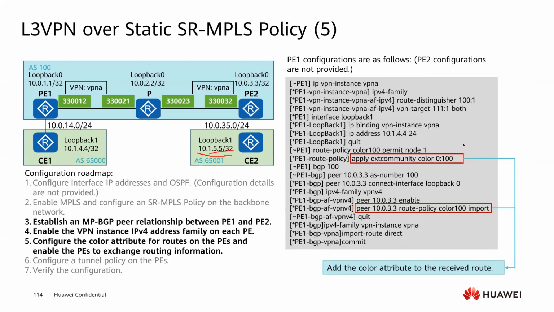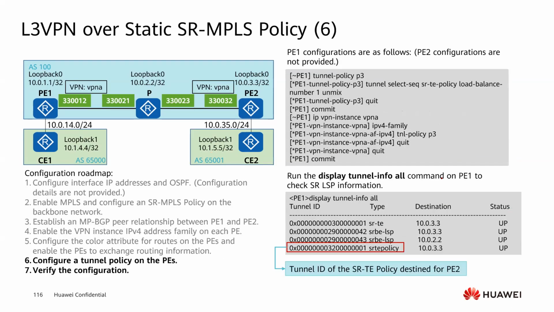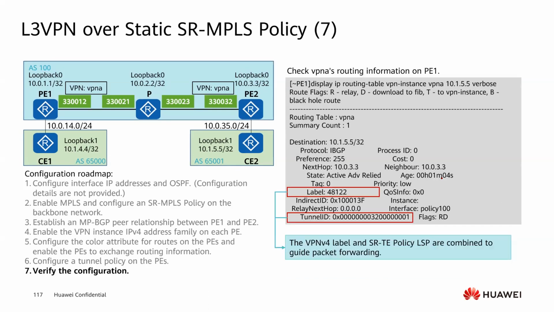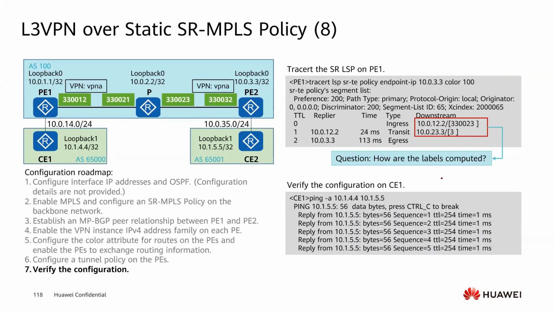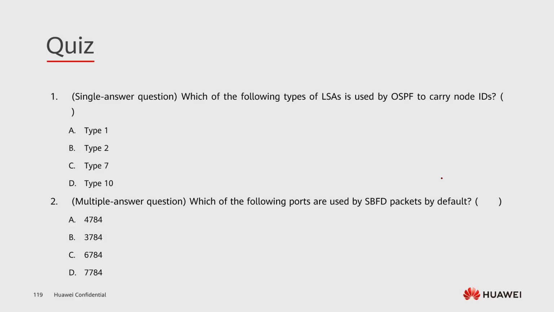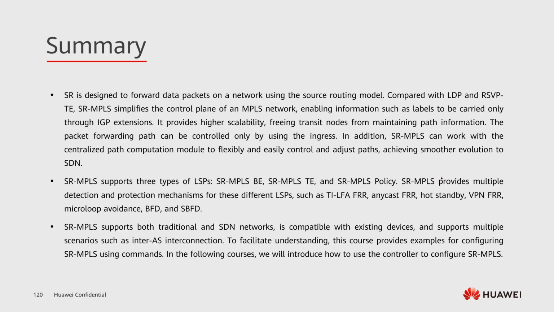Okay. It means if I want to go to here, I will go with that color. Then later you can check the information, and it will forward out. Okay. So basically this is for SR-MPLS.